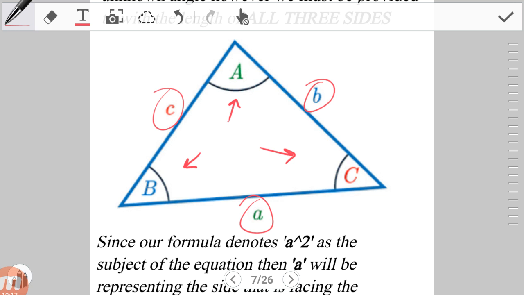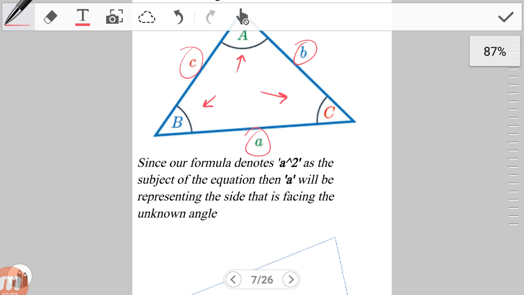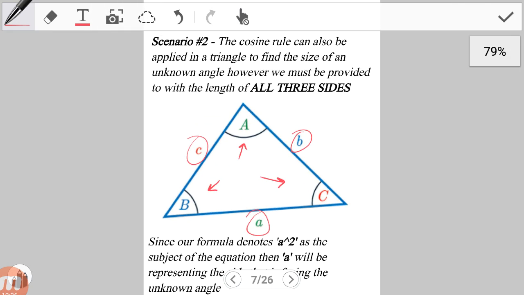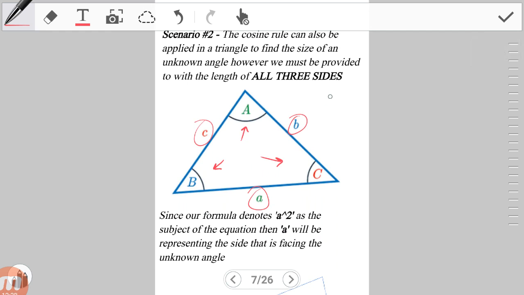But what we've got to be careful with when it comes to the formula is this. We already established in scenario number 1 that the unknown side is indicated by, say, A or B or C. So for us to use the formula, let's just rewrite the formula quickly here.